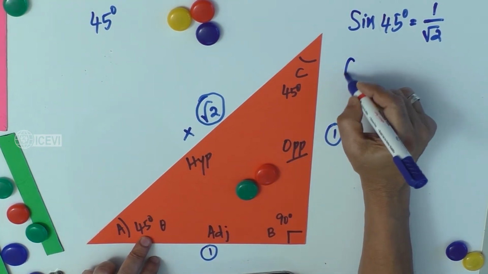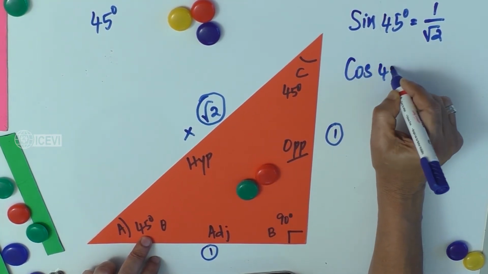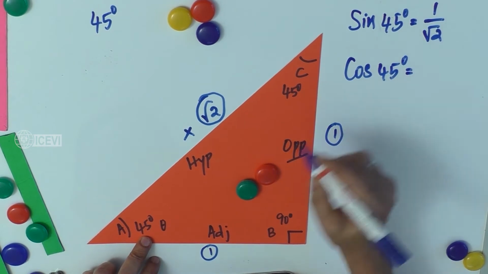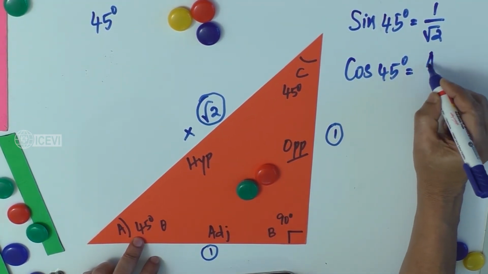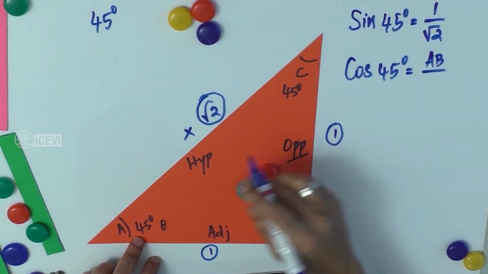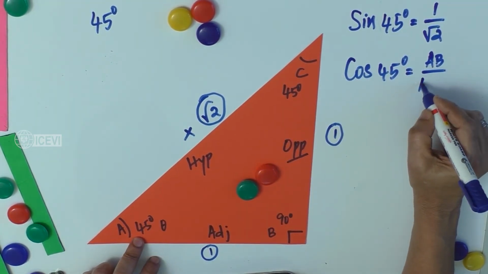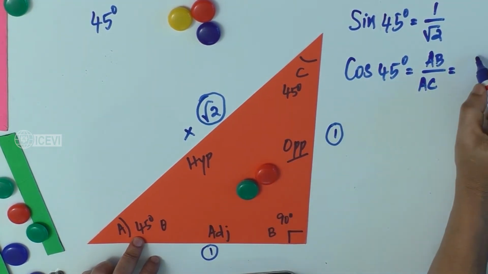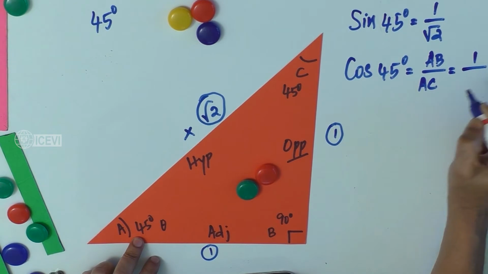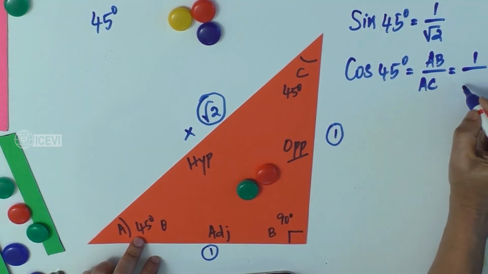Right. Now let us go for cos 45 degrees. Cos 45 degrees is adjacent, which is AB, divided by hypotenuse, that is AC. Now what is adjacent? It is 1 unit, and what is hypotenuse? That is square root of 2.